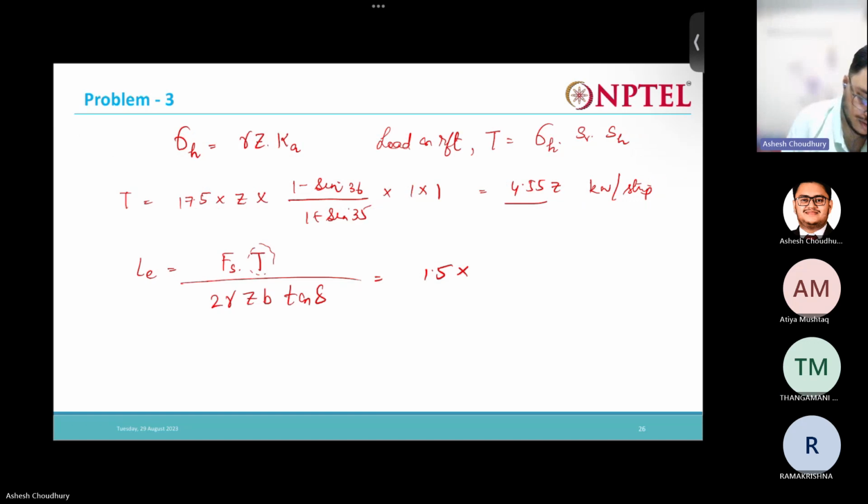Here we will be providing the spacing and the length, calculating in such a way that both of these satisfy the load. This is the rupture criteria and the pull out criteria.